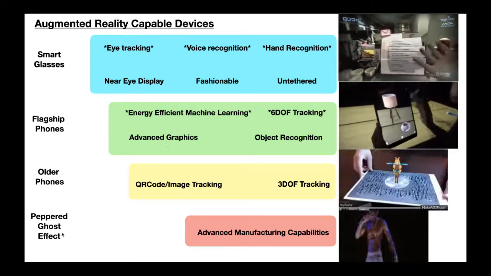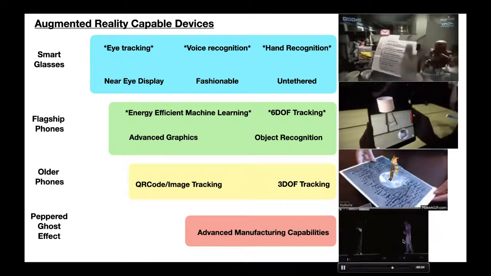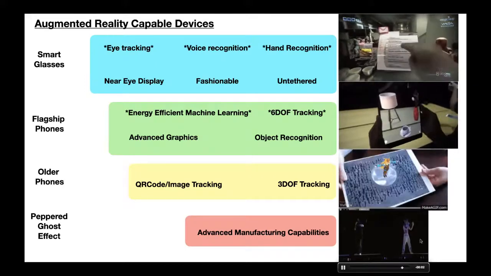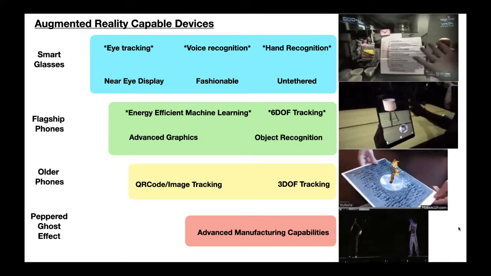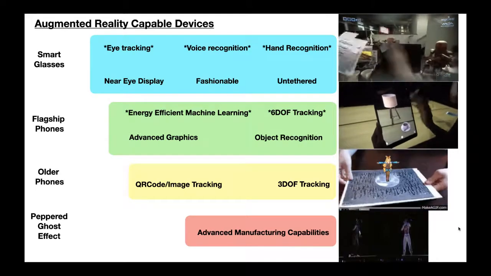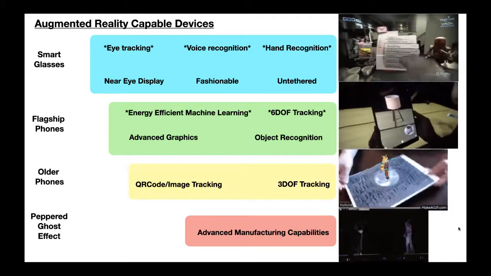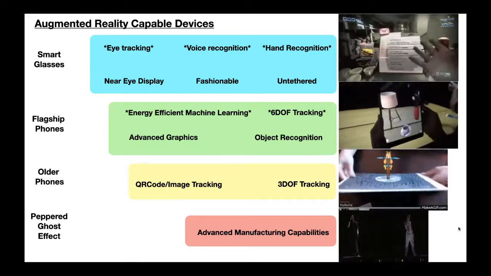So at the very, very bottom, we have that Pepper's ghost effect. This is where you go to a concert and you can see some type of dead performer performing live at that concert. This is basically a projector shooting at a specialized kind of translucent film. Think of like a see-through mirror. And so with that projector projecting that image on that mirror, for the crowd, it looks like that person is really there.